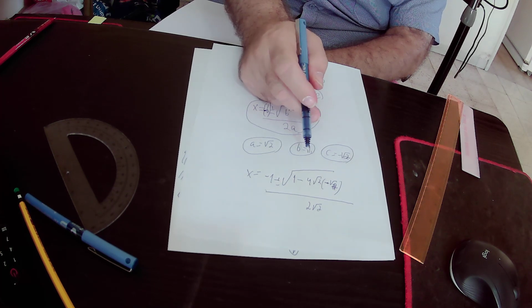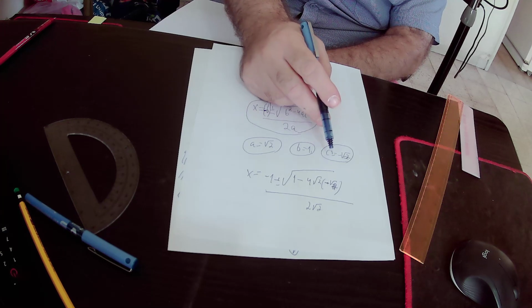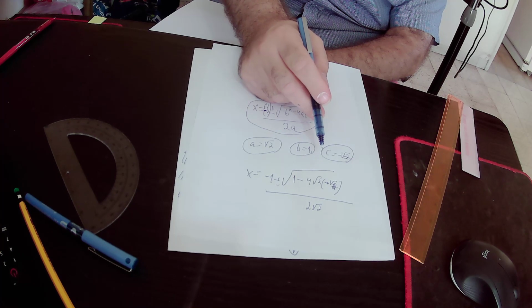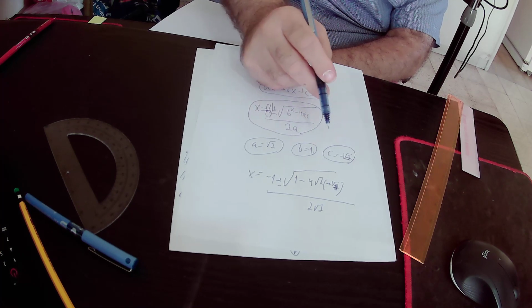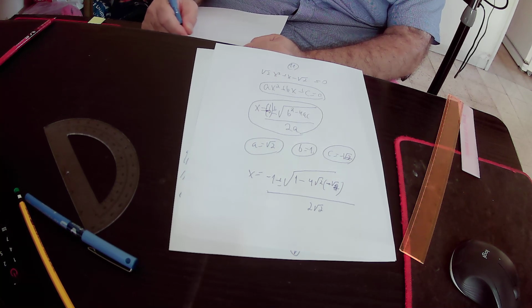Minus and minus is plus, and root 2 times root 2 is 2, and 4 times 2 is 8. So in total, in the root we have 1 plus 8, that is 9, over 2 times root 2.